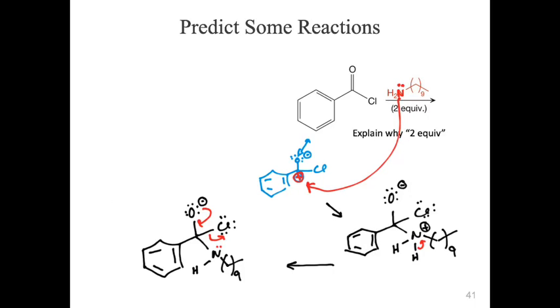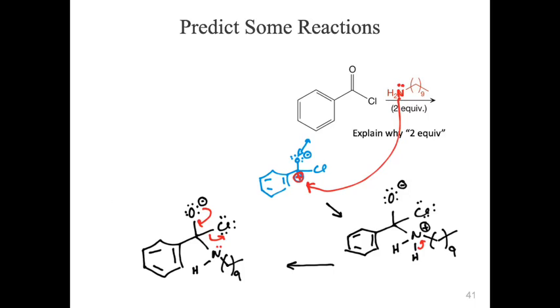Okay, so the question here is why the two equivalents? What picked up the hydrogen? Something remotely basic in solution. Is this where you were going with it? Okay. What picked up that hydrogen? The other nitrogen.